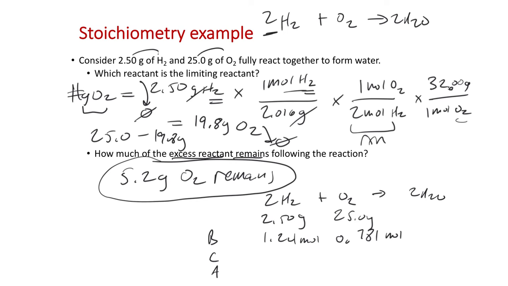Now, to be fair, I didn't remember which one was limiting versus excess in this problem. I didn't remember if it was H2 or O2, so I just kind of got lucky. If we had gotten unlucky and started with the O2, converting into how much mass of H2 we need, I don't want to run through the math on that one, but I think you can imagine, as long as we didn't make a math error, we're going to need more H2 than we had available.